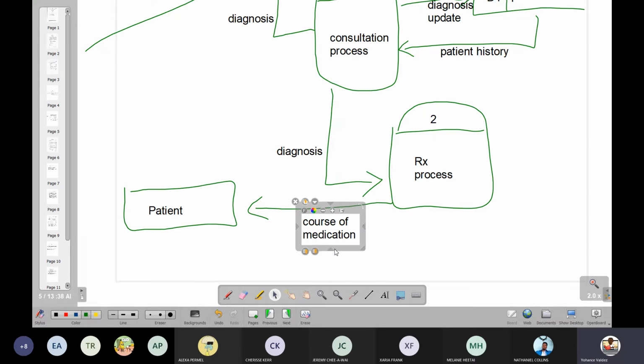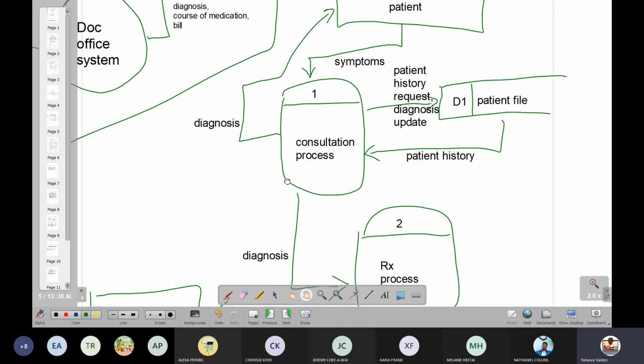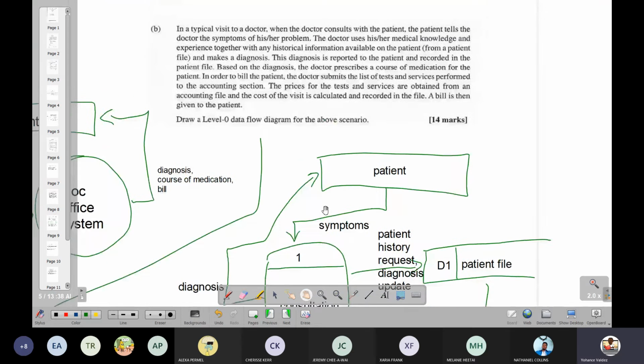All right. And then the last thing that we have is the billing, right? So it said here, in order to bill the patient, the doctor submits the list of tests and services performed to the accounting section. The prices for the tests and services are obtained from an accounting file, and the cost of the visit is calculated and recorded in the file. A bill is then given to the patient.